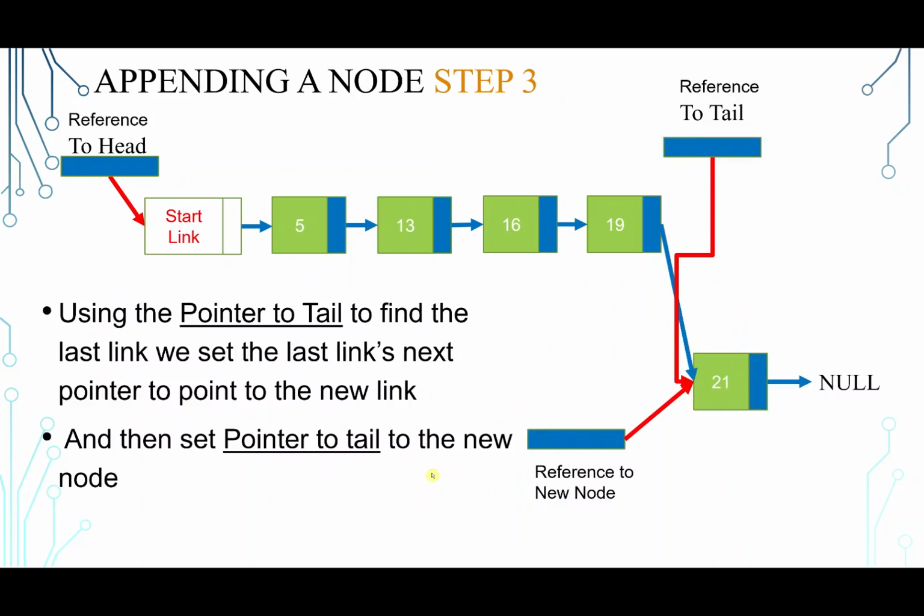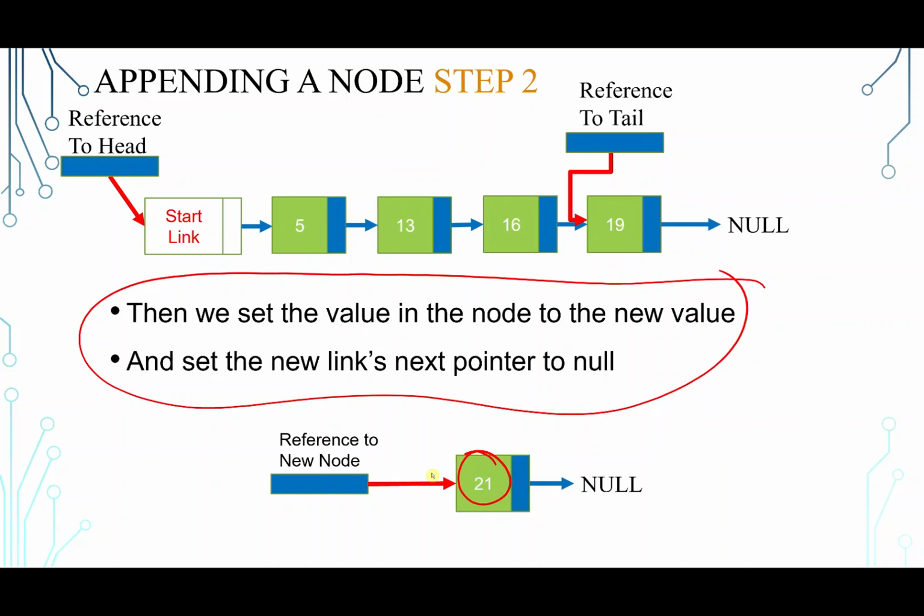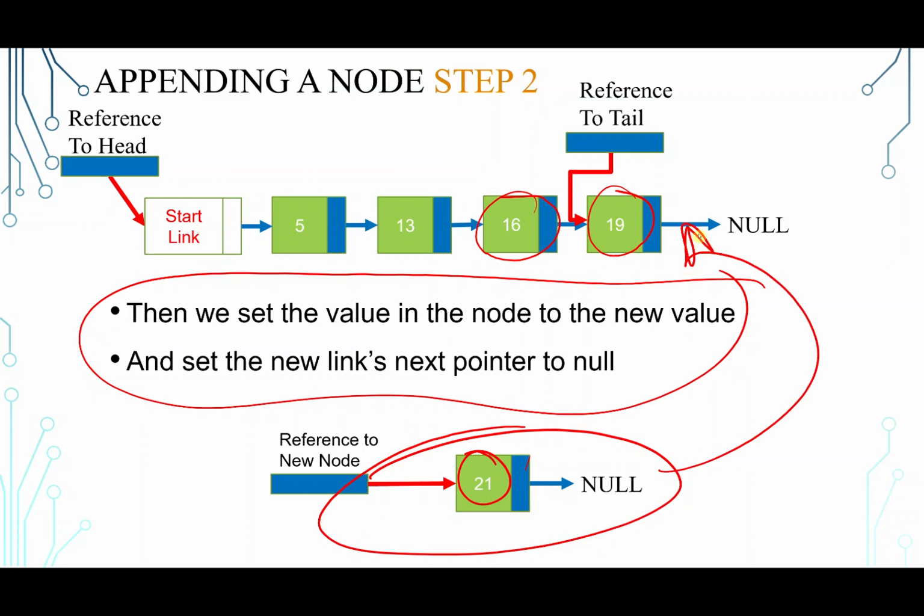The next thing, step 3, is inserting that node at the very last. So remember what we have is this: the reference is pointing to the last node, and the one before last is pointing to the last node. Where are we going to put this new node? We are going to put it in here.